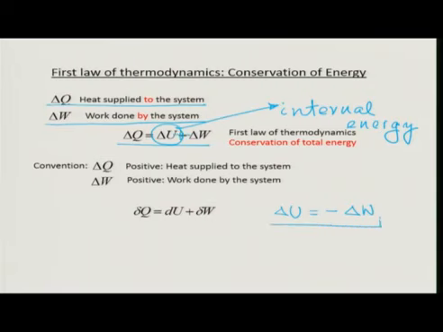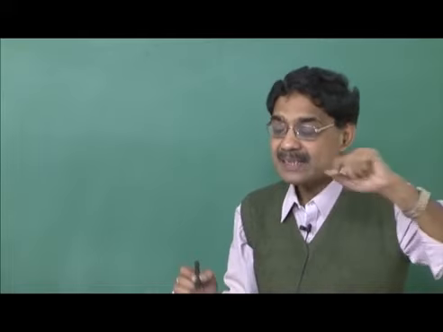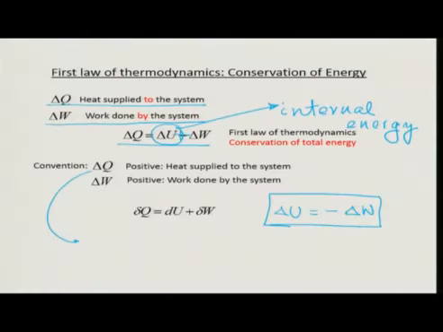And this is where I need to fix a convention. I will fix a convention in the following way: delta Q is positive when heat is supplied to the system, internal energy increases, and delta W is positive when work is done by the system. In the previous example, if I was doing some work on the system, then it would be negative and internal energy goes up.